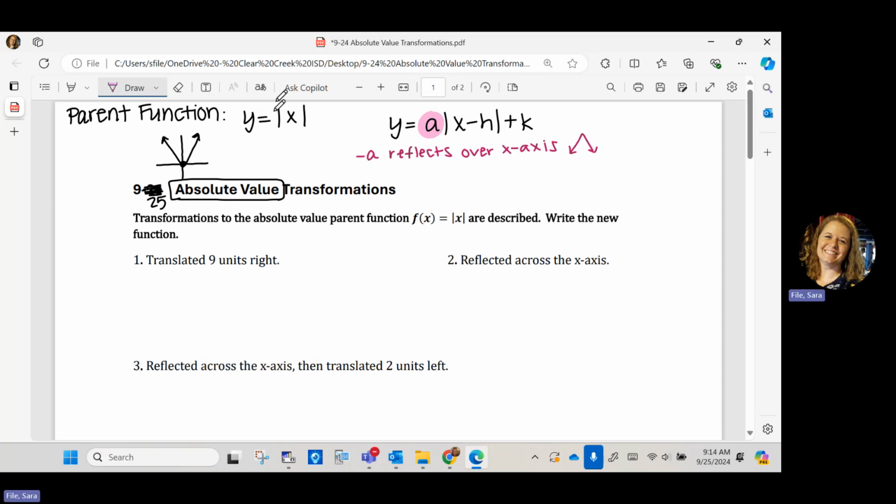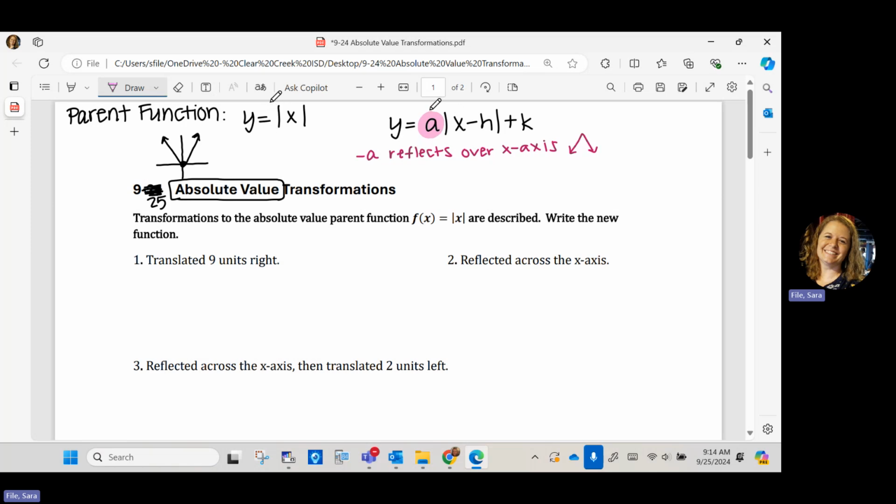If no number is written, what number is here being multiplied? Come on, guys. If you just have X and there's no number in front of it, what's understood to be in front of it? A 1. Okay, so the same thing here. This A value is an understood 1 in the parent function.